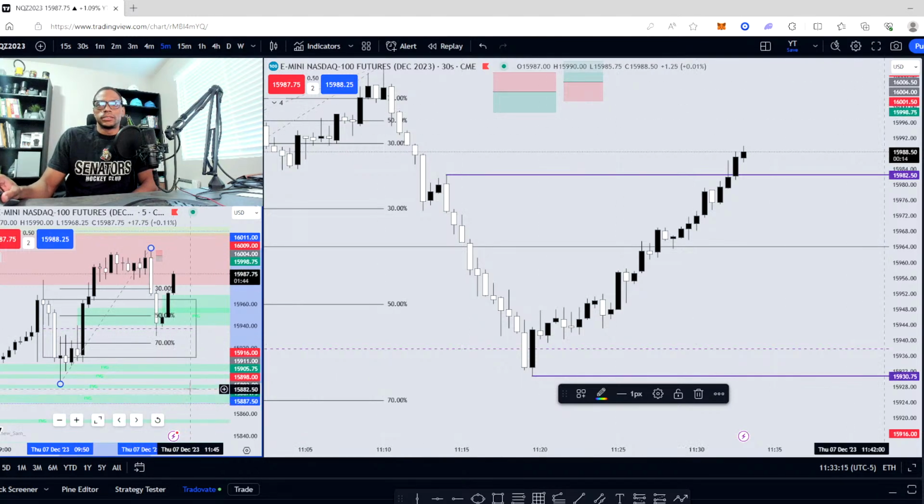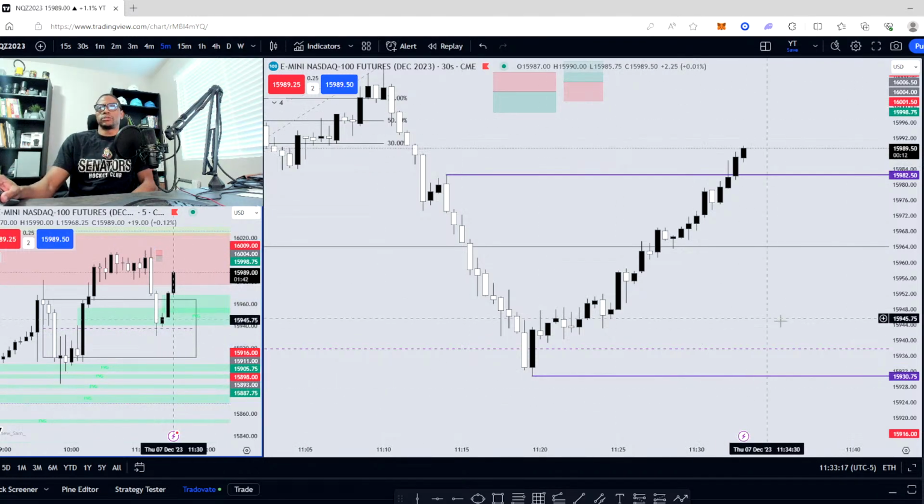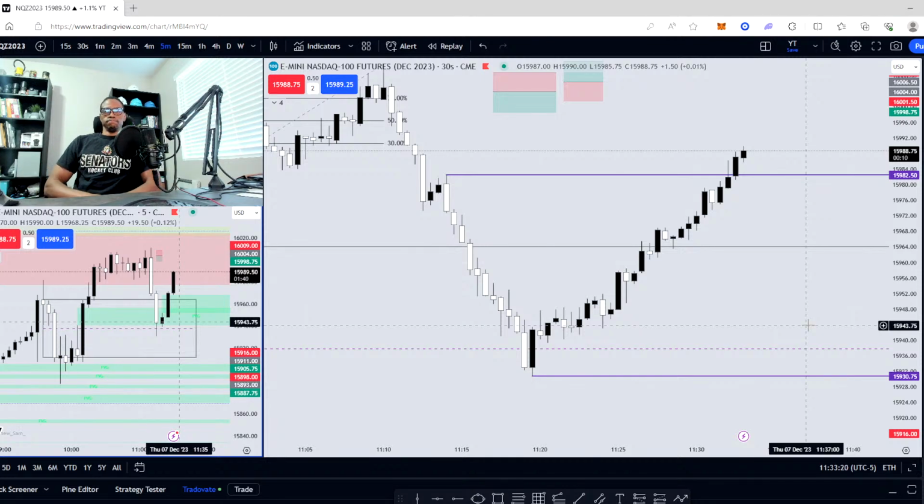Okay, so we had about a 60% retracement so far from the low put in between 9 and 10 o'clock.